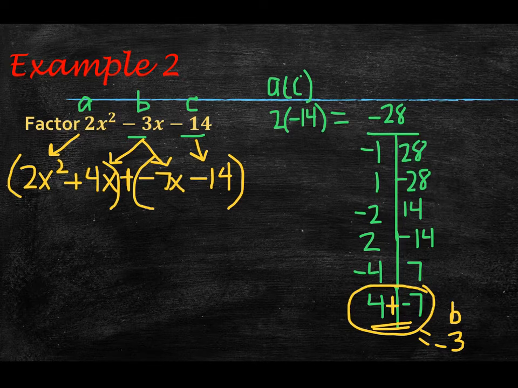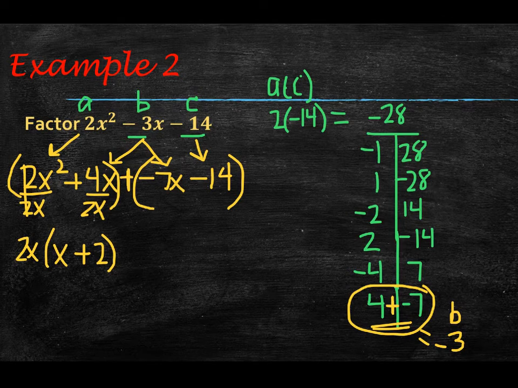So when I divide out my GCF in my first parenthesis, I can divide both of those by a 2x. So I can divide 2x squared by 2x, and that would give me just x. The 2's would cancel. X squared divided by x is x. Then if I take 4x and divide it by 2x, that's going to give me a plus 2.